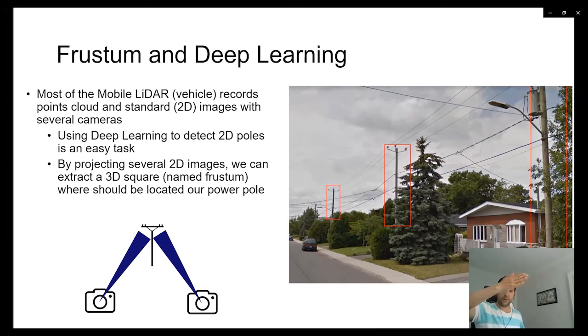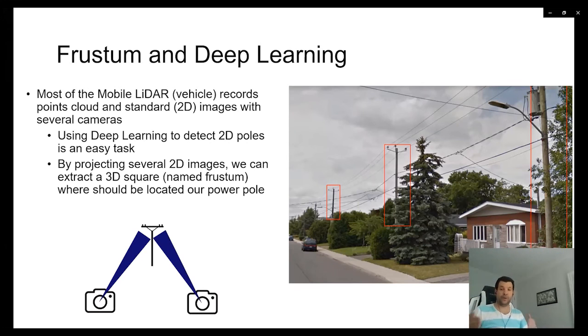In other words, if you have a camera that has this direction and it detects a pole in 2D pictures, and you have another camera that detects, from another direction, the same pole in the 2D world, the intersection of the 2D cones or 2D lines gives you what we call a frustum. It's a cube in a 3D environment.